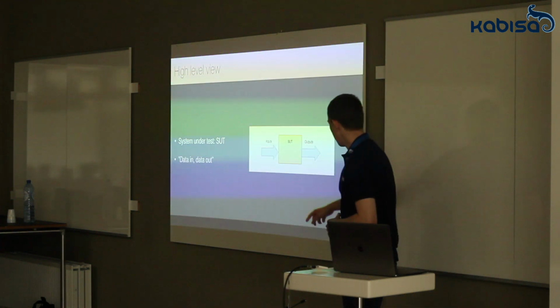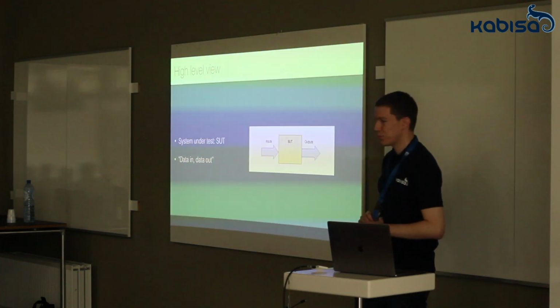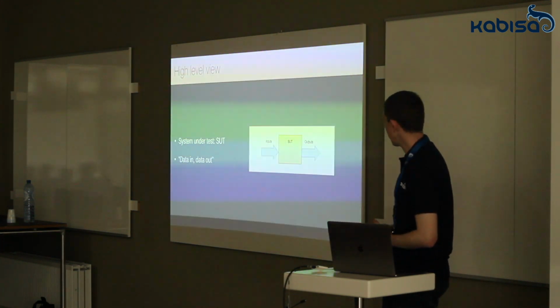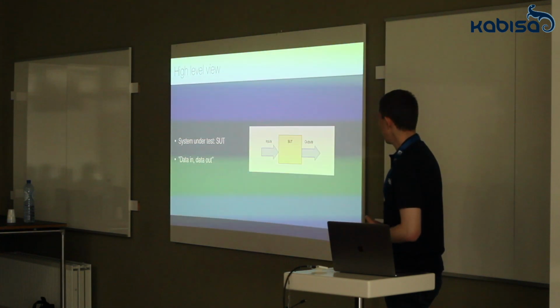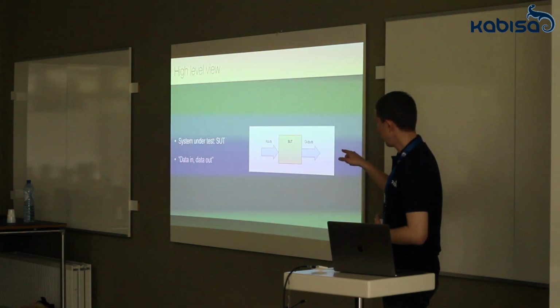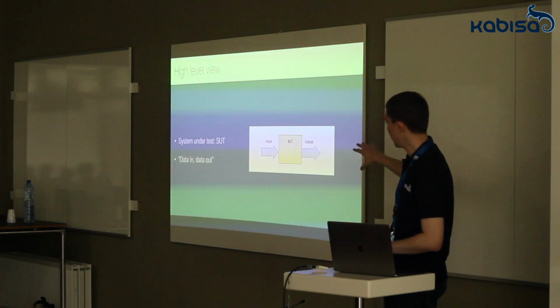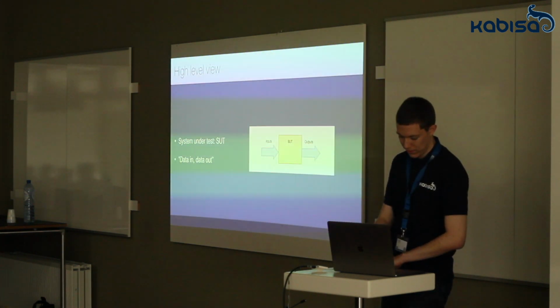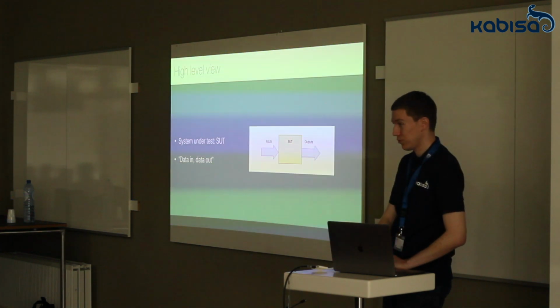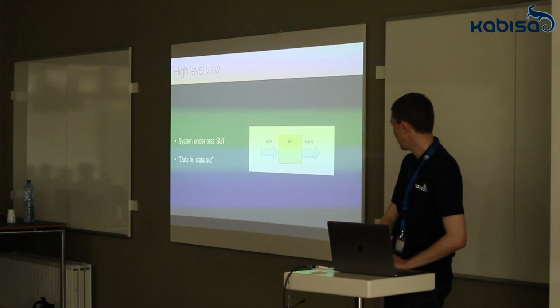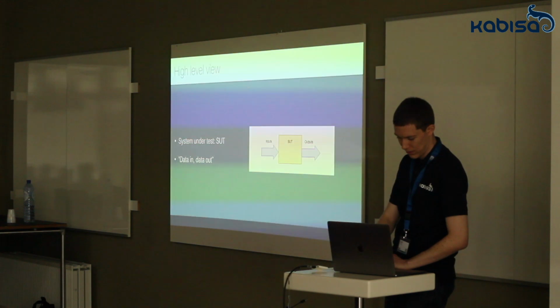Here in the schematic, I call this SUT, the system under test, which is what we will be testing in the properties. Then we apply something to the inputs and something will come out. It's a really simplistic point of view, but it's really powerful. And I tend to write more and more programs in that style because it's so easy to test.